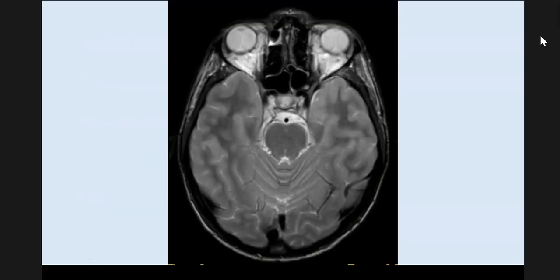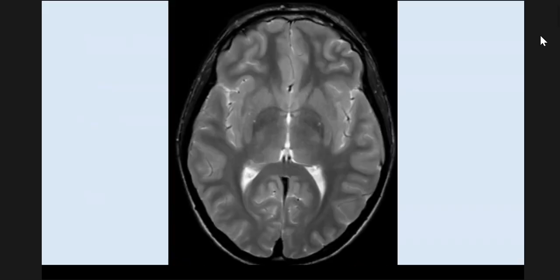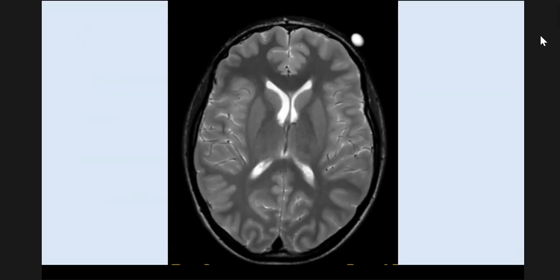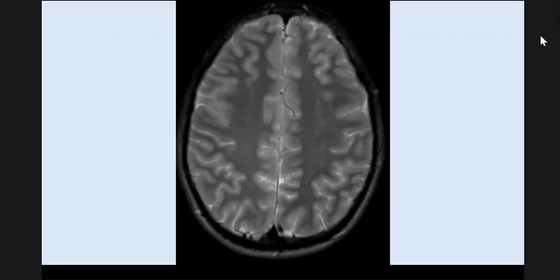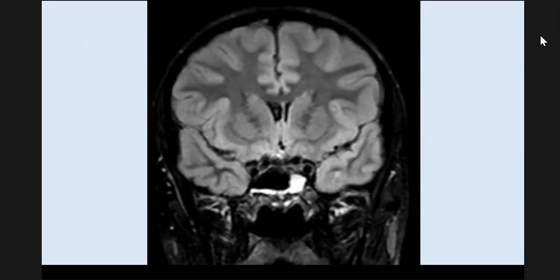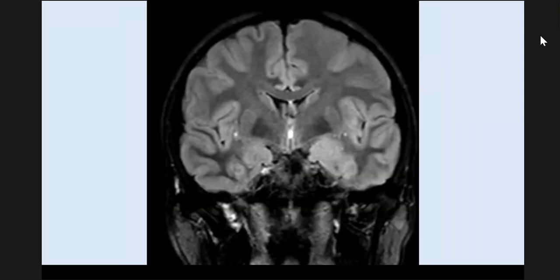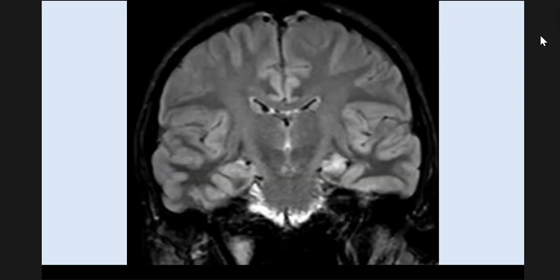T2 weighted axial images. Okay. T2 coronal FLAIR. I think this is the most useful sequence in this particular case.